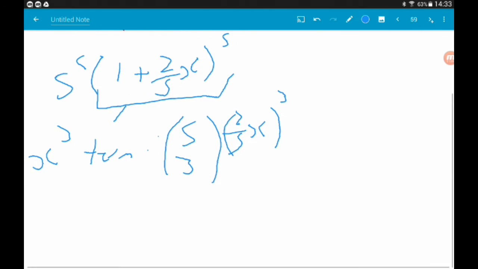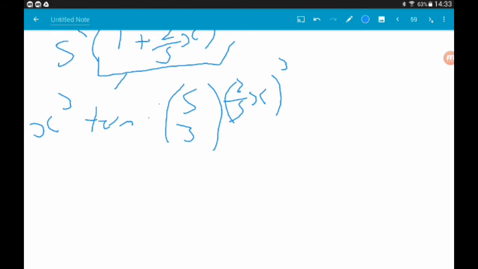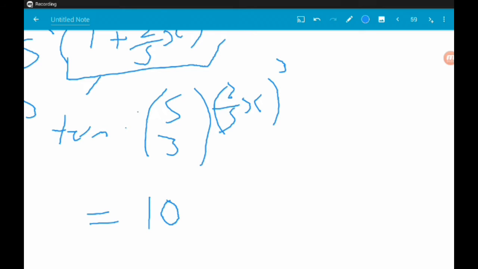So, if we work that in our calculators, well, 5 choose 3 is 10. So we've got 10 times, well, 2/5 cubed is going to give us 8x cubed over 125.